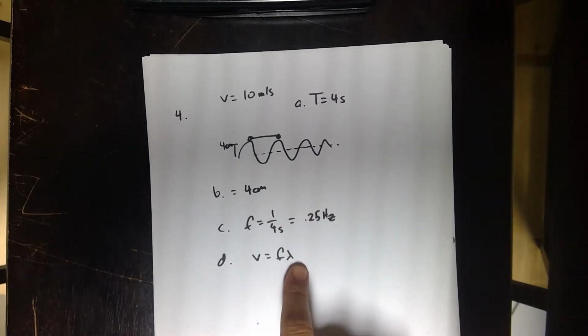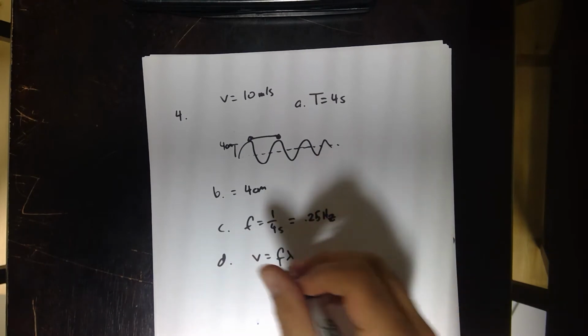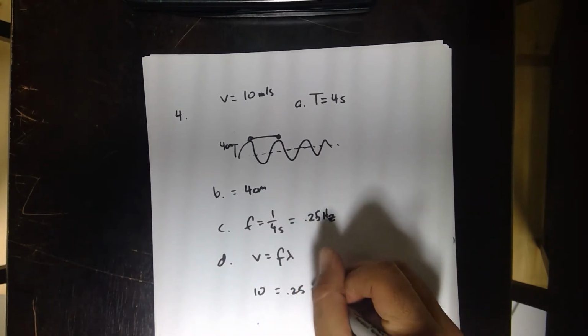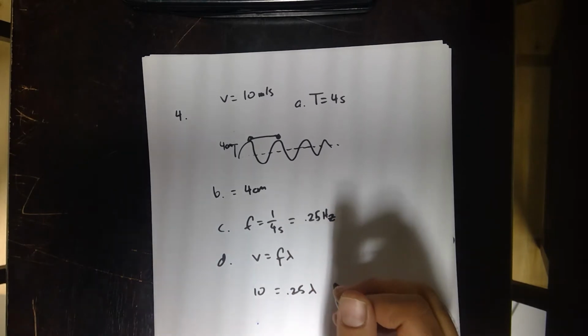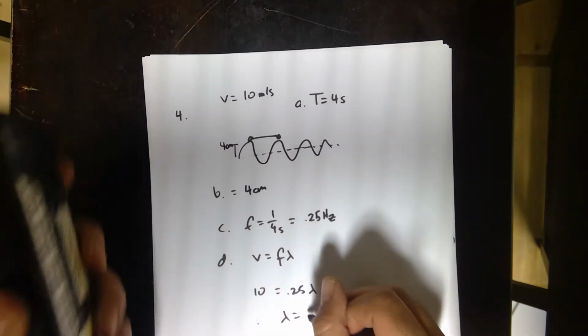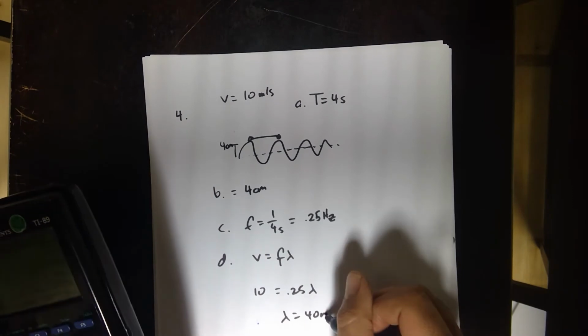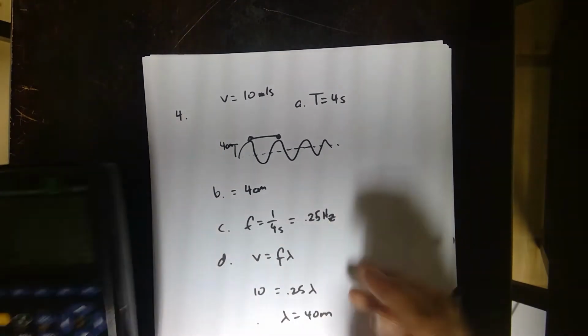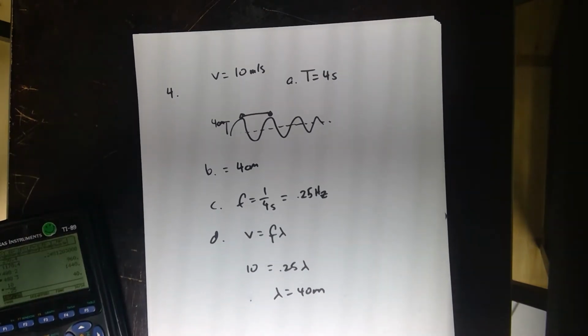Wave speed equals frequency times wavelength. We have our wave speed, 10, and our frequency, 0.25. So 10 divided by 0.25 gives us a wavelength of 40 meters. And that would be the complete answer to number 4.